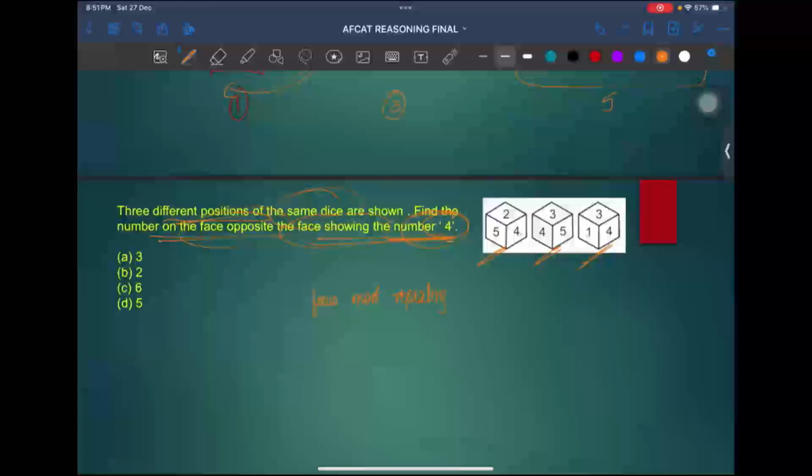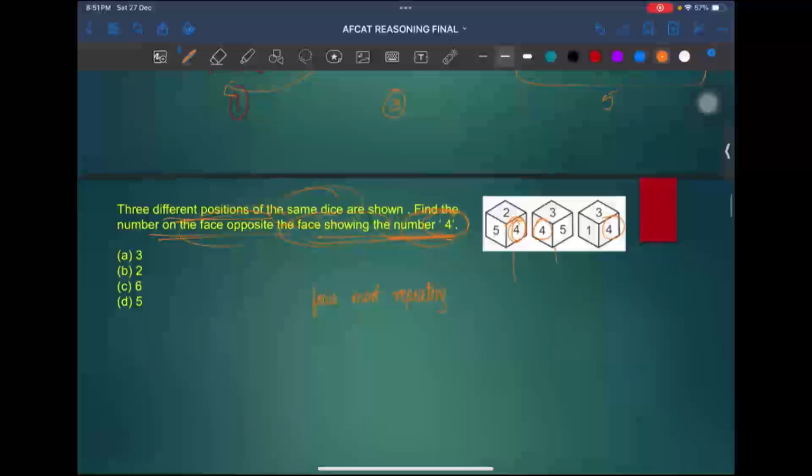When I compare with the first one, majorly the number 4 is repeating in all dice. So I'll consider this as a base number and try to get two dice which are completely different with only 4 as a common number.